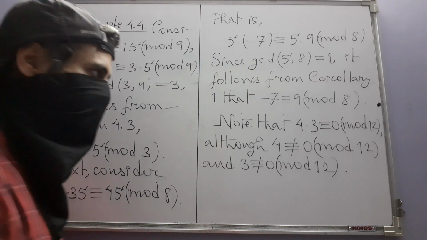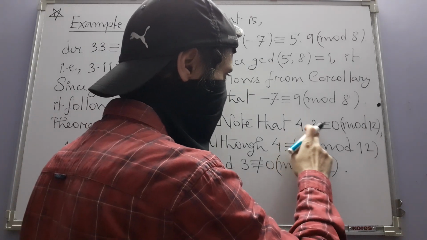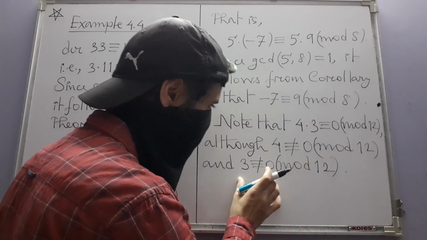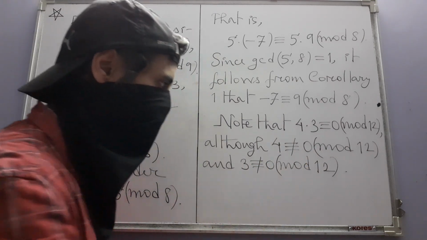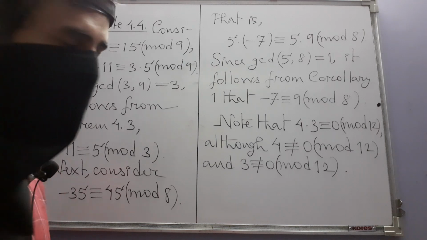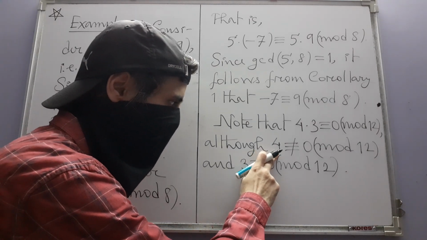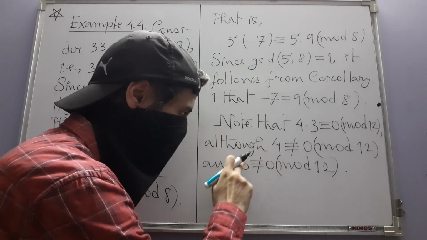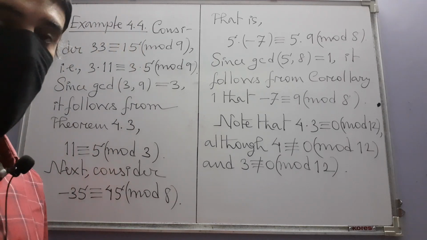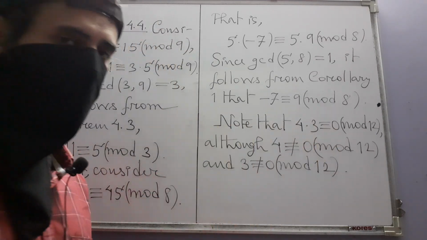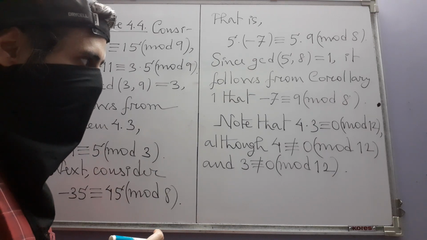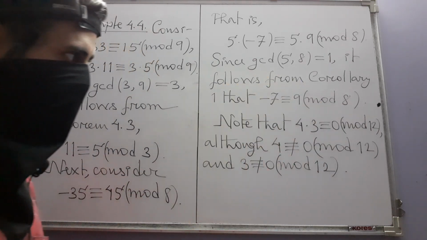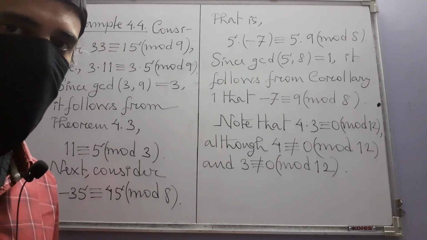Or in a sense, in the sense of modulo 12 calculation, you can multiply the non-zero integer 4 and the non-zero integer 3 but still get the zero integer. Although I probably should not say it like this, in a sense you can think of this congruence as an equation.